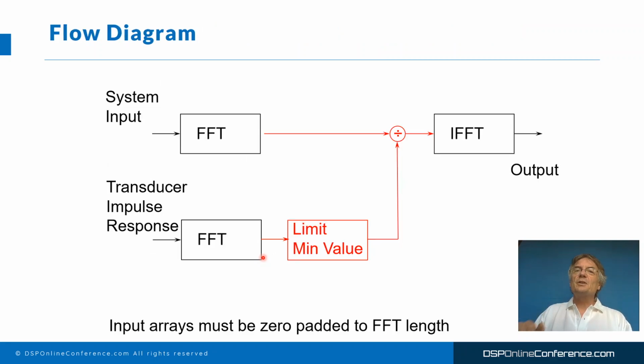So the first thing we need to do is to be able to handle the divide by zero instance. In this case, we basically had a limiter on the transducer impulse response that we were using, passing into the division operation, that would limit the minimum value to effectively one least significant bit.